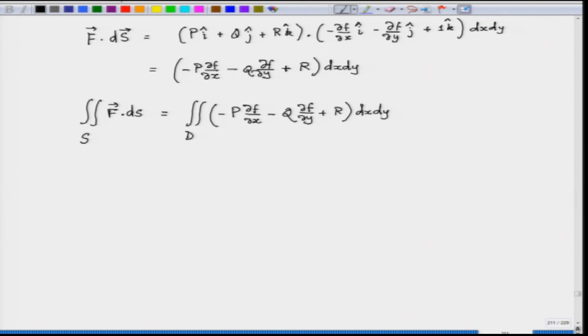Okay. So, this is what we have. If you want to progress at all in trying to prove Stokes theorem, this idea should be in our minds.